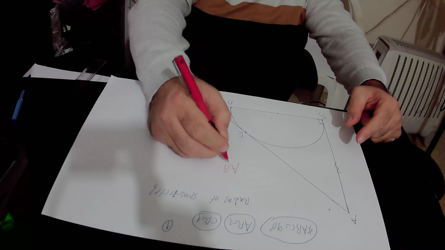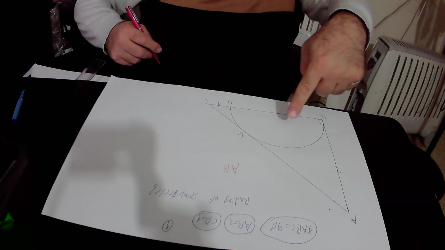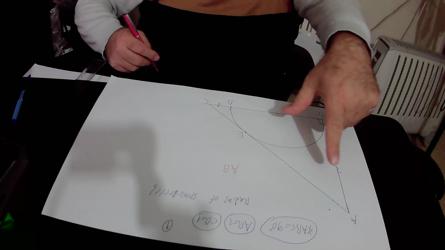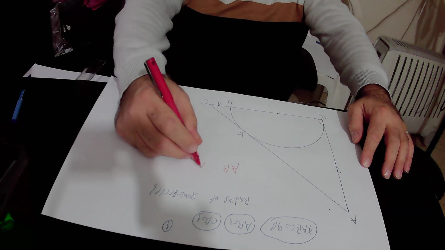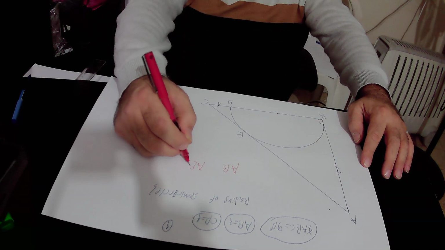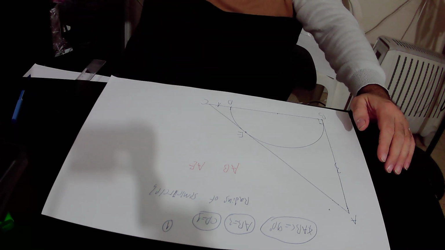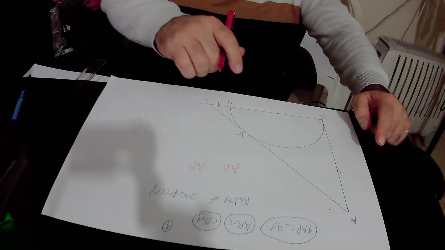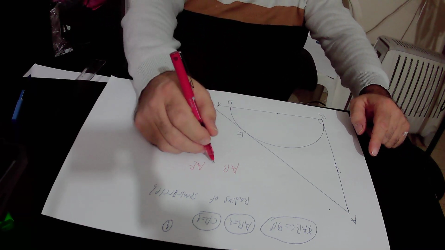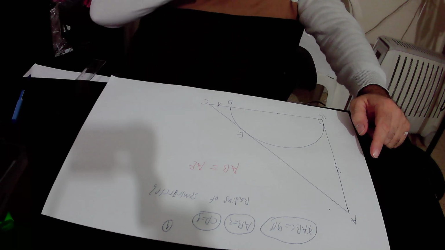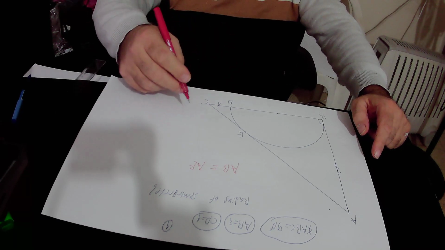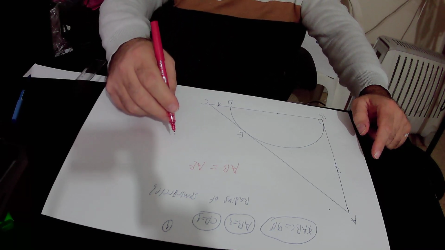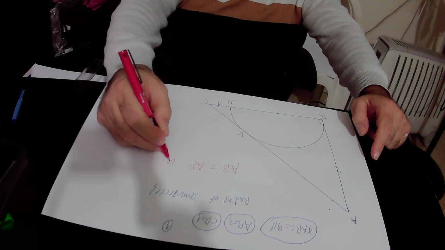The second tangent to this semicircle is AE, and according to the two tangents theorem, whenever you draw two tangents to a circle from an external point, the lengths of those two tangents are equal to each other. That is to say, AB equals AE, or rule number one.